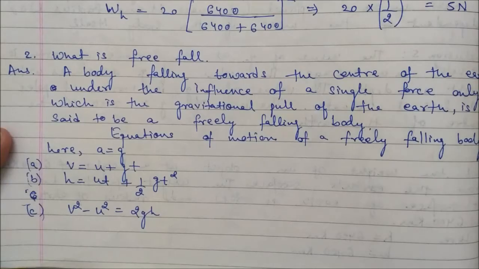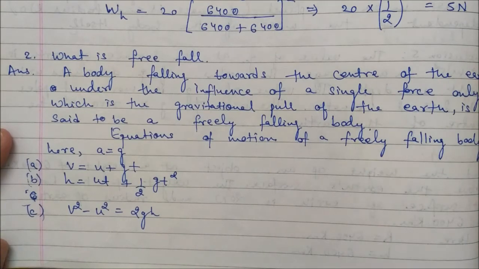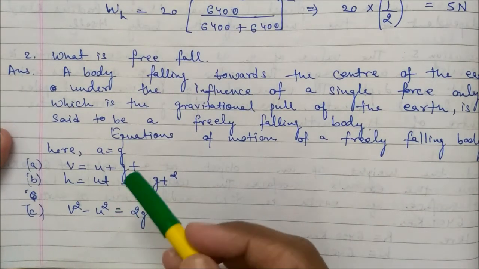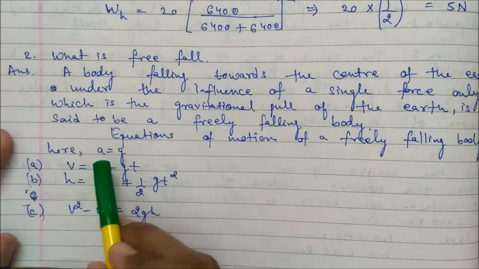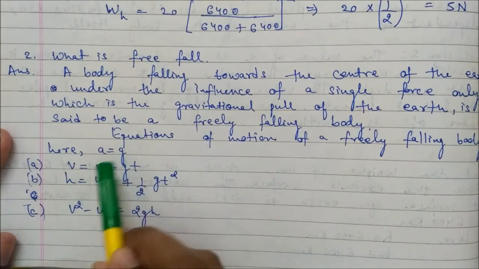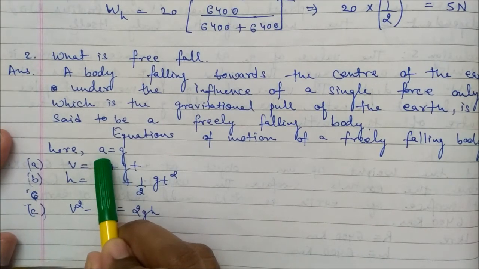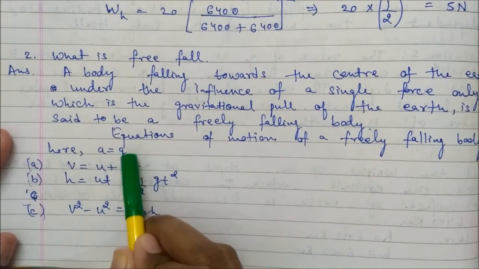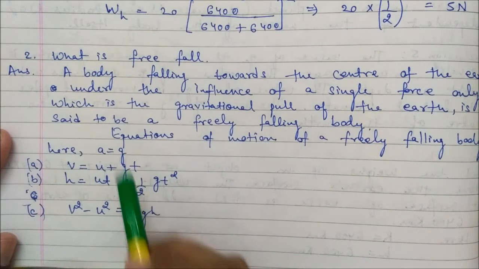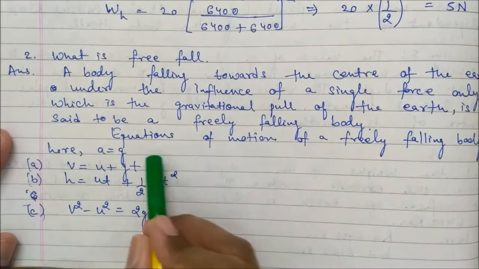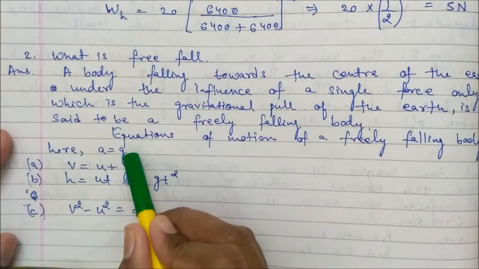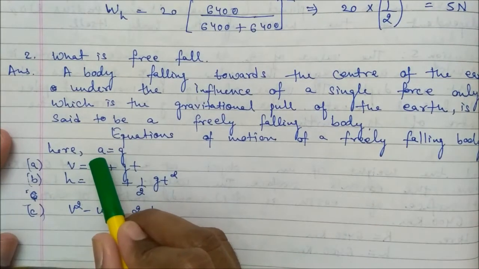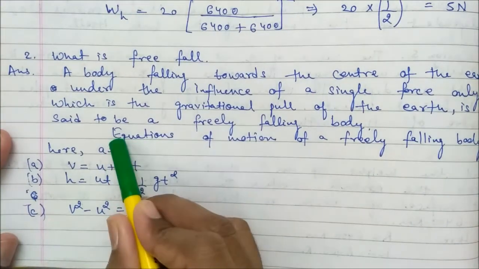We are aware of the three equations of motion, right? For a freely falling body, the equations of motion will reduce to what? A is equal to g. In place of A, we will take small g as the value of acceleration. Why? Because for a freely falling body, the acceleration due to gravity is no longer A, it is small g.